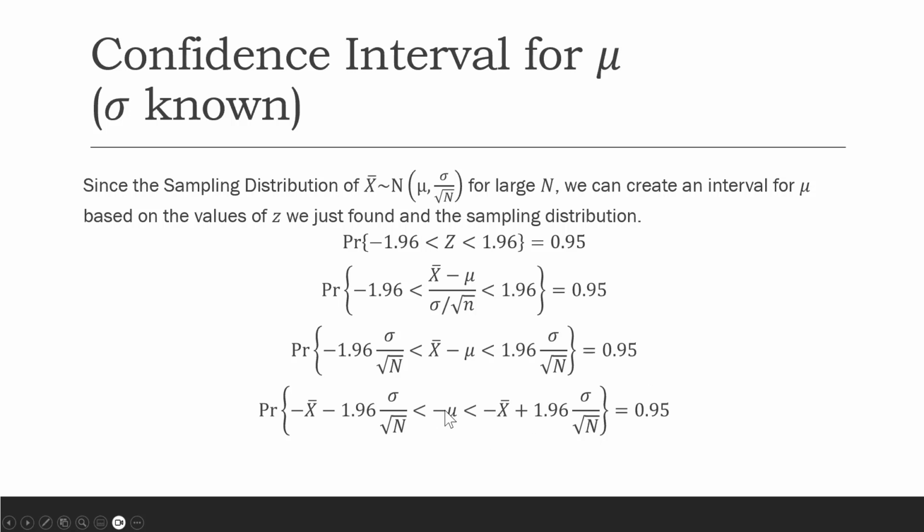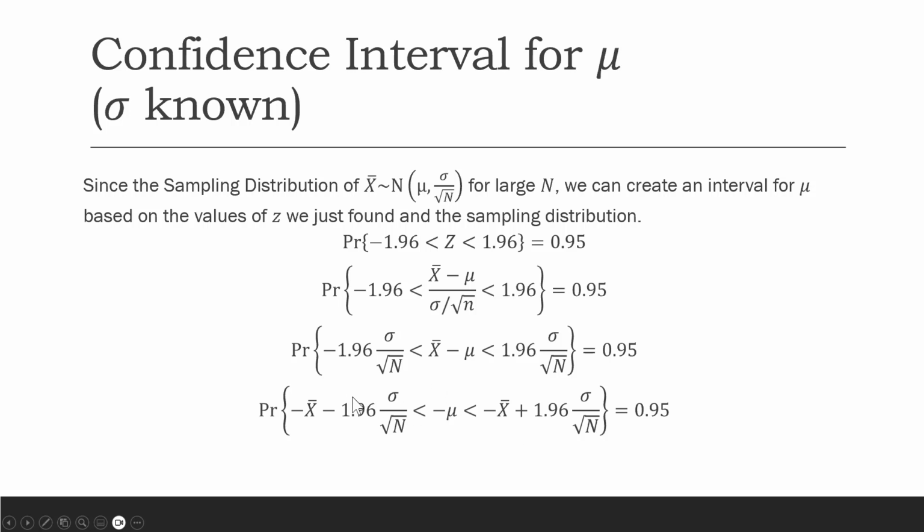Now the last thing for me to do is to multiply or divide by a negative 1. Now this looks like some trickery is about to happen, but it's not trickery. I'm doing two steps in one. Usually when you're dealing with an inequality, when you multiply or divide by a negative, you have to flip the inequality symbols, all right?